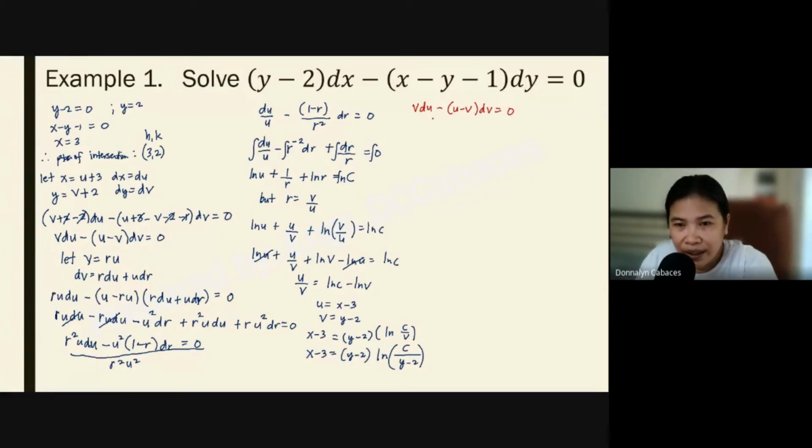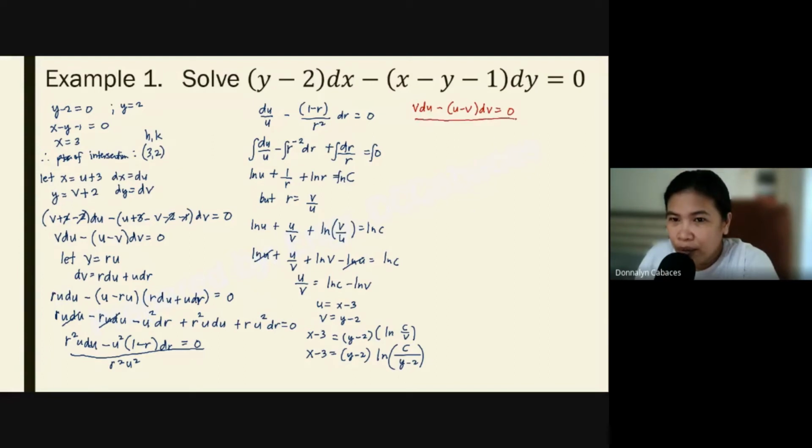Other than it is homogeneous, what is the other form of this differential equation? Isn't it linear? We have v dv, so obviously it is not linear in v. So let us try if it is linear in u.